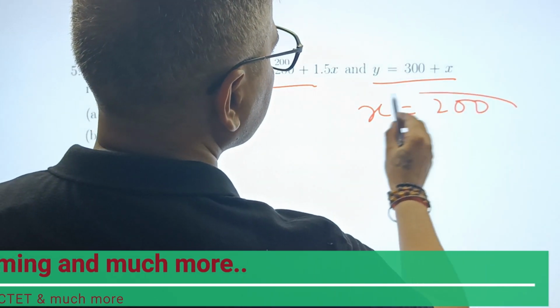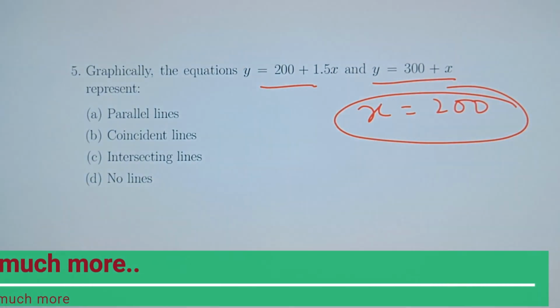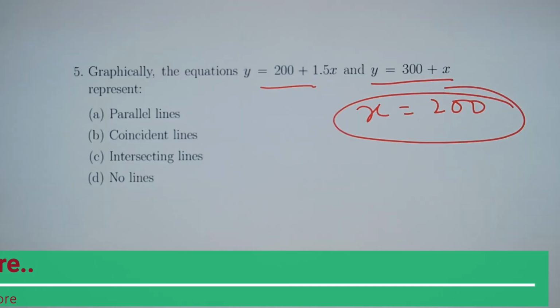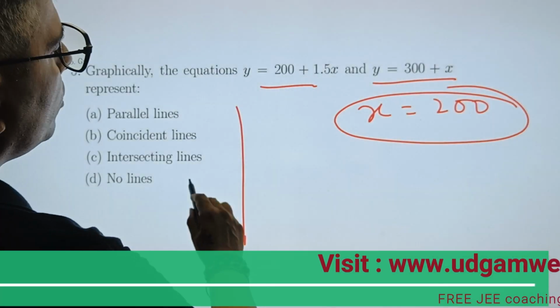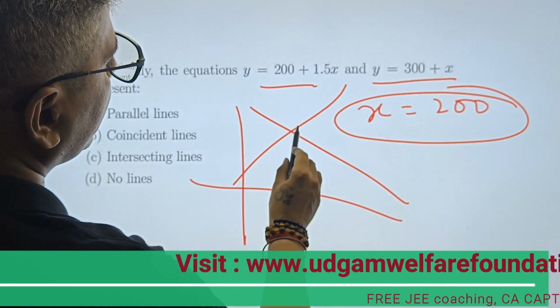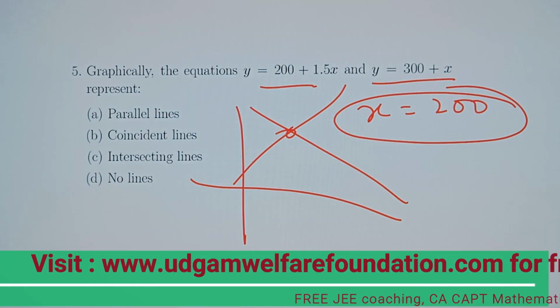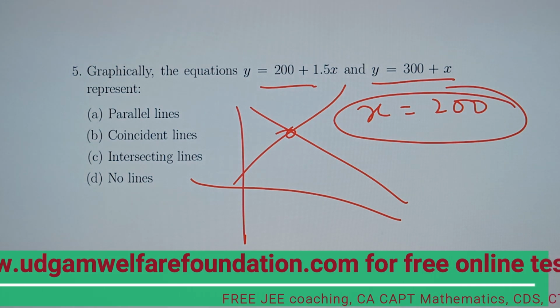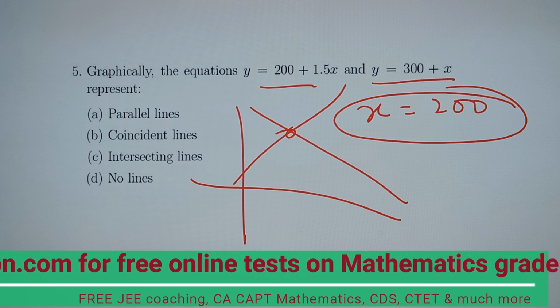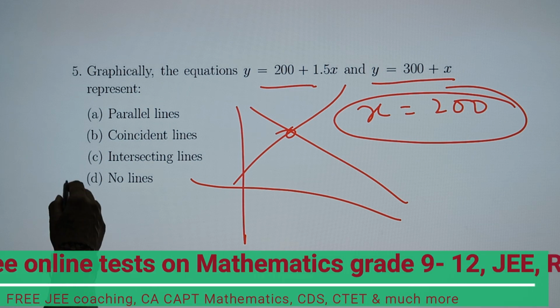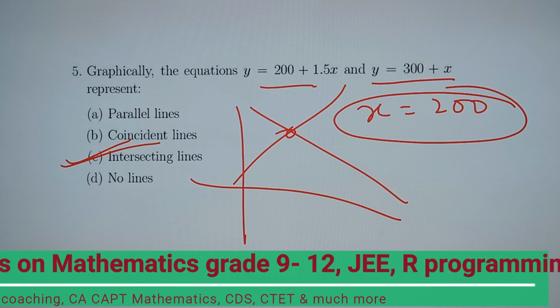So that means x equals 200 is going to give you a solution for these two lines. That means if you draw two lines, you are going to get a point of intersection at x equals 200. Therefore we can say that these two lines are intersecting lines. Very simple. So option number C is our correct answer here.